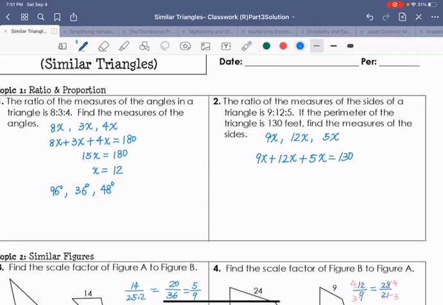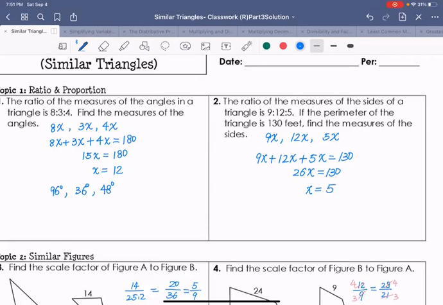And 16x equals 130. Oops. It's 26x equals 130. Thank you. And x equals 5.